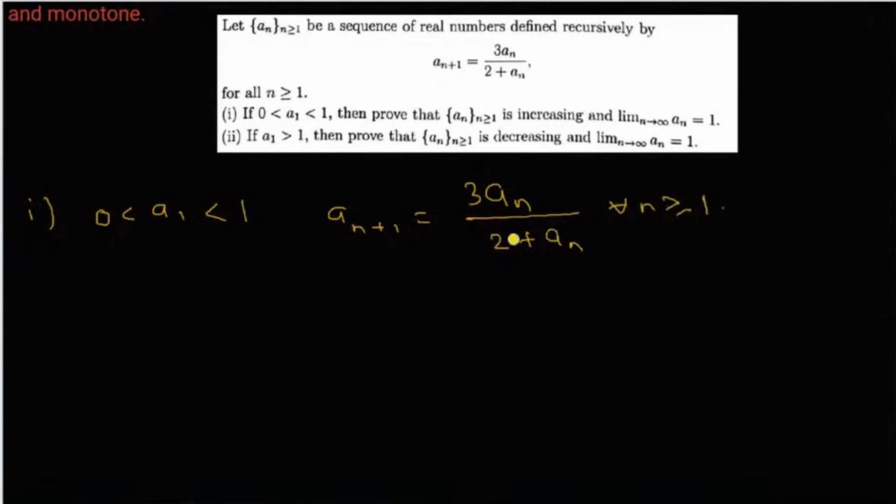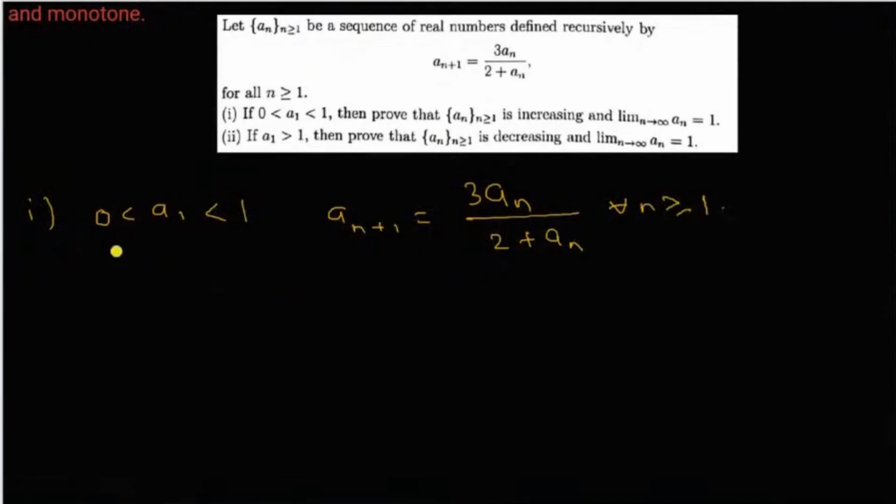In the first case, we have been given 0 less than a_1 less than 1, and a_(n+1) is equal to 3a_n divided by 2 plus a_n for all n greater than or equal to 1.